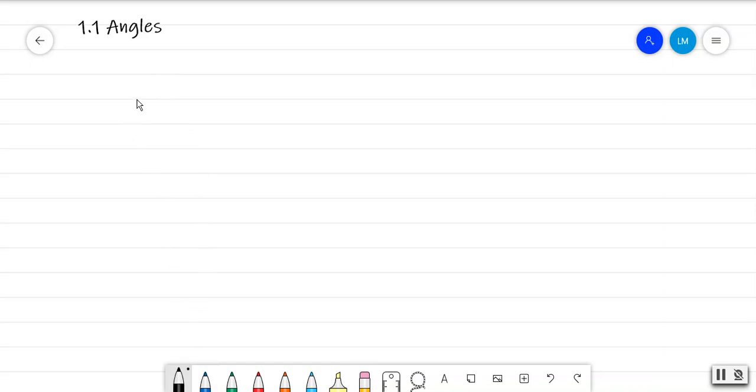Let's say that we have point A, and then let's say that we have point B. Now, interestingly enough, I can draw a line right through these 2 points, and we'll just indicate some arrows like this. We can always give this a name like line AB, for instance.